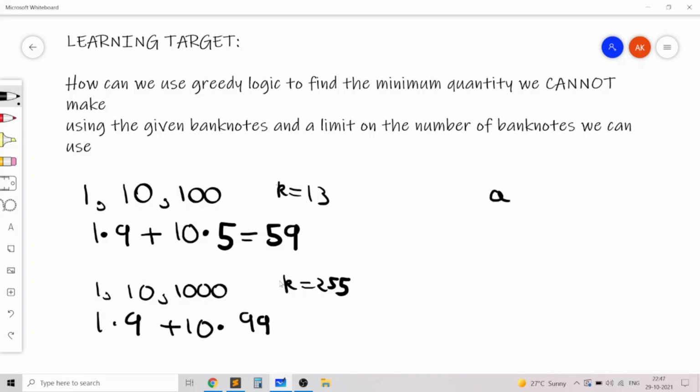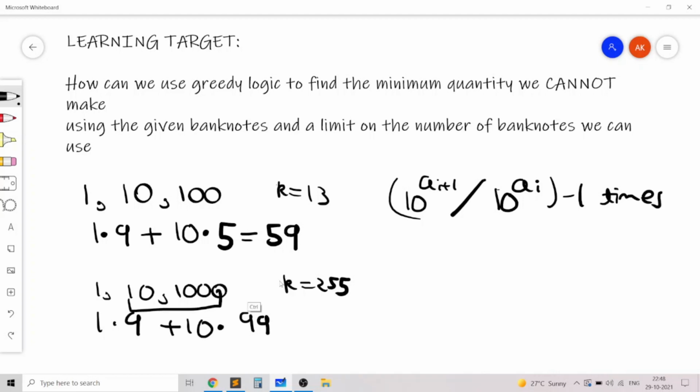And in general, as we'll see later, when we are considering the banknote 10 to the power of a_i, we can use it at most 10 to the power of a_(i+1) divided by 10 to the power of a_i, minus 1 times, as you can see from the examples. Take another example to understand this better: say 10 to the power of 4 and 10 to the power of 7.